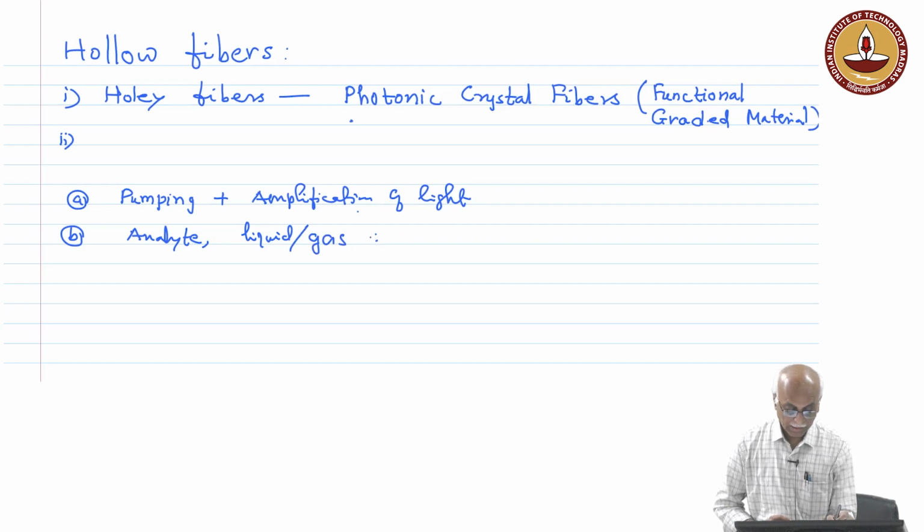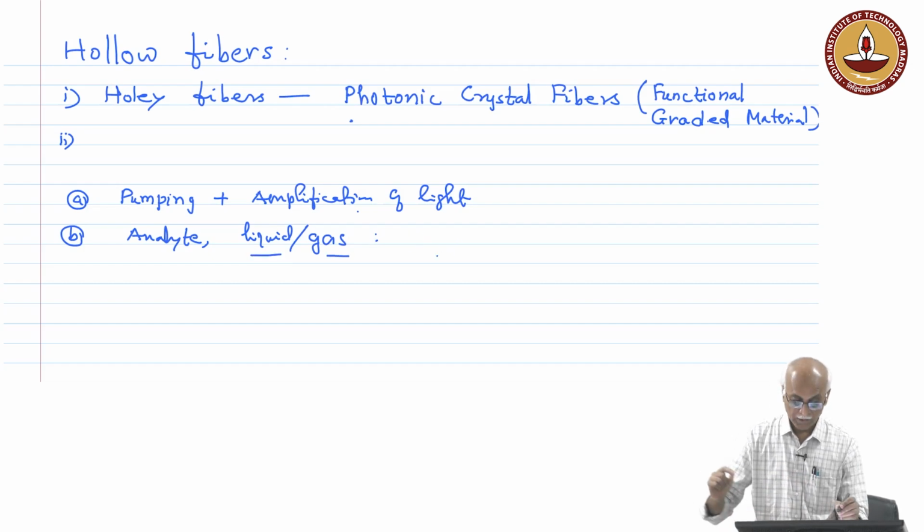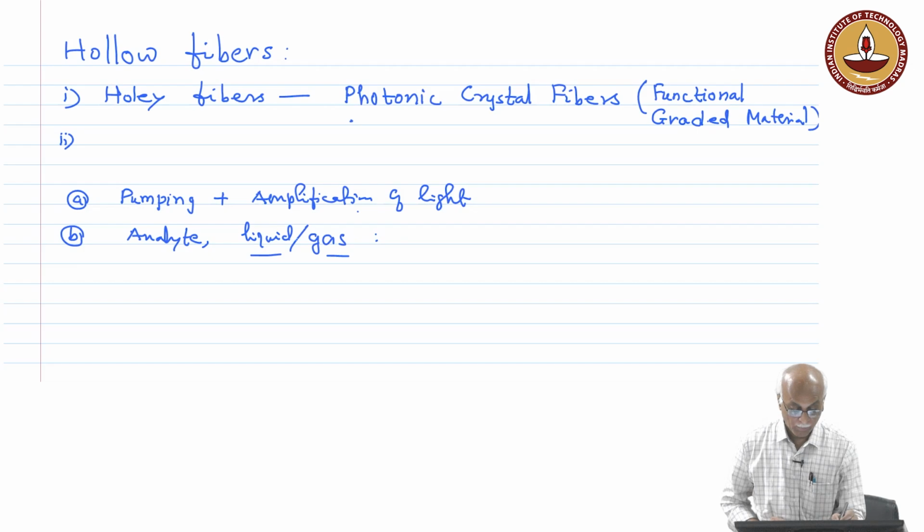And we can study the transmission or some other optical characteristics concerning this liquid or gas medium with a very small volume. It can trap a very small volume and still it can help us to characterize, basically spectral characteristics can be captured.